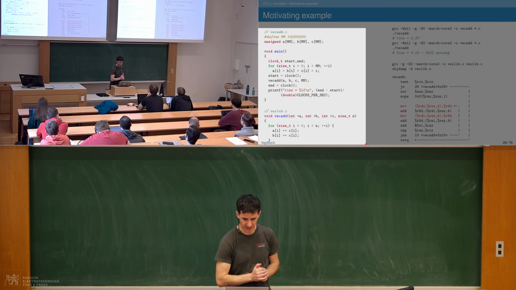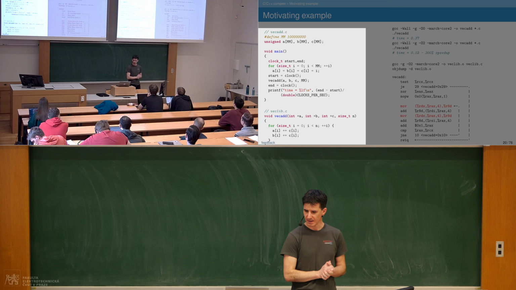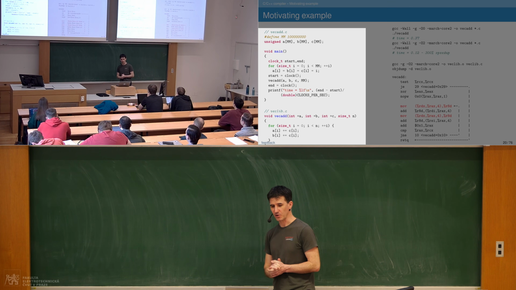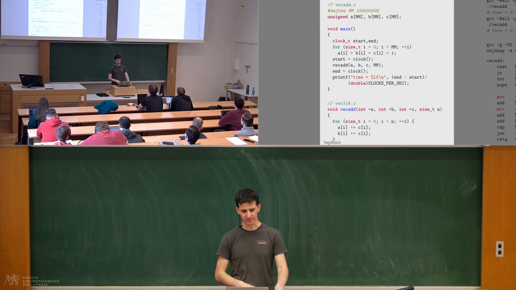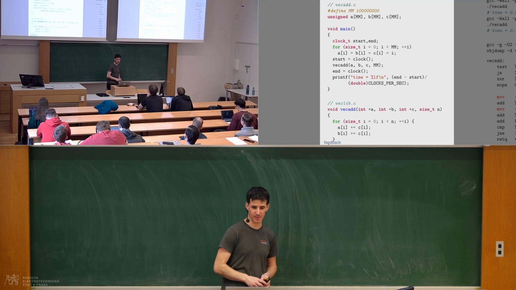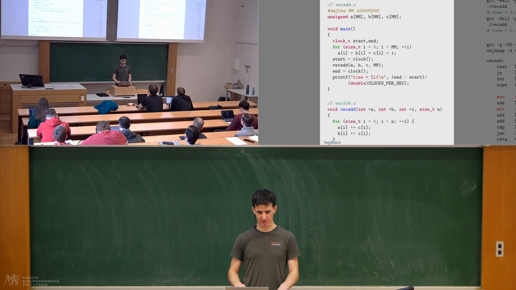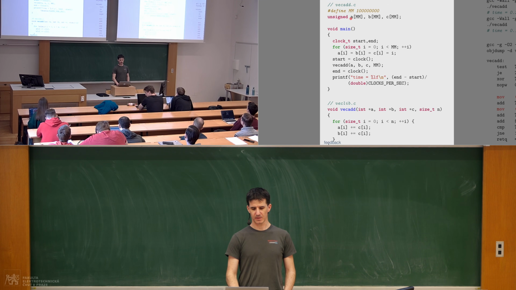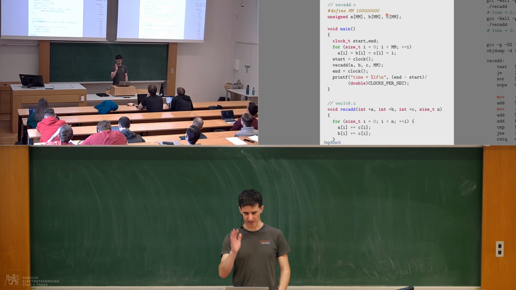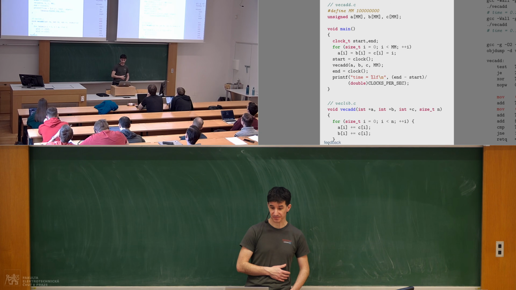Before we start talking about the compiler and about compiler optimization, let's look at this example. This is a very simple program, in which there are 3 vectors, A, B, and C. Each vector is, I don't know, 100 million elements or something like that.